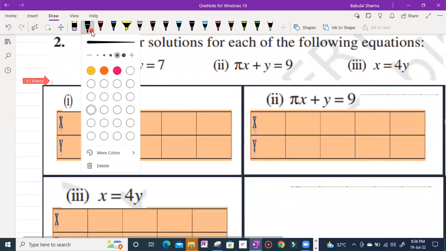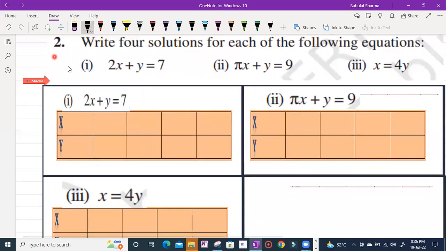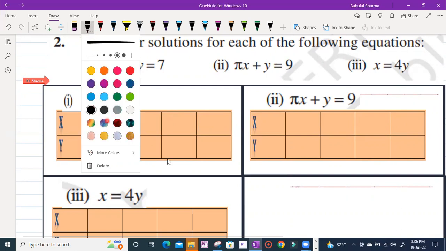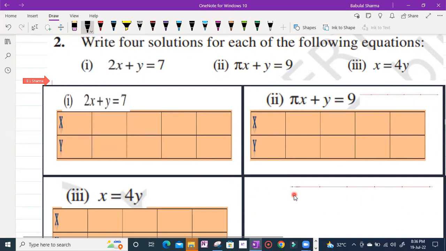देखिएगा. So for the first part, we write here the first part. Okay, this is the first part. First part is this. I'm writing here. So देखिए, we can write 2x plus y is equal to 7.